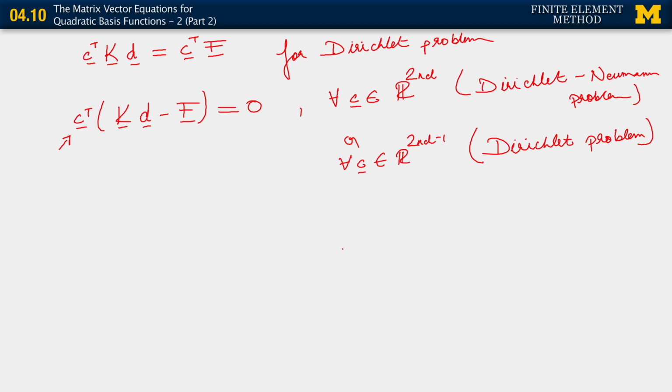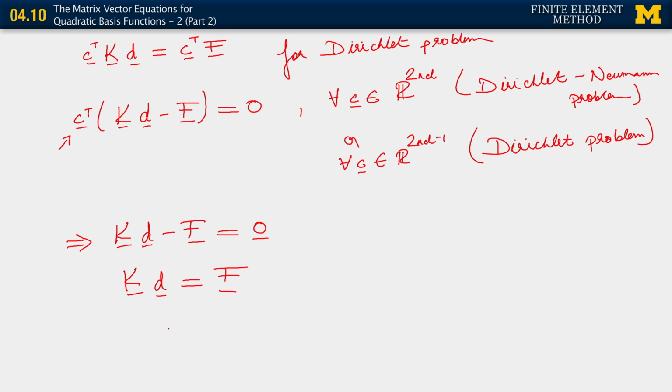Well, if that is the case, one can show from standard arguments that this implies, therefore, that KD minus F has to be equal to 0. Or KD equals F is our standard form of the finite element equations for linear problems.